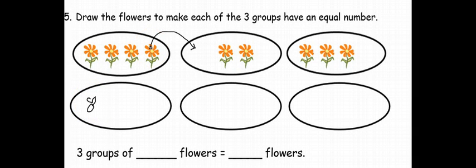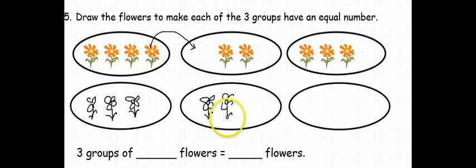So we now have 3 flowers in the first group. And since we moved 1 flower into the middle, I also have 3 flowers in the middle group now. And I started with those 3 flowers in the last group, and we'll keep that the same.